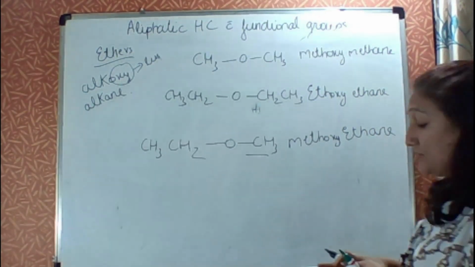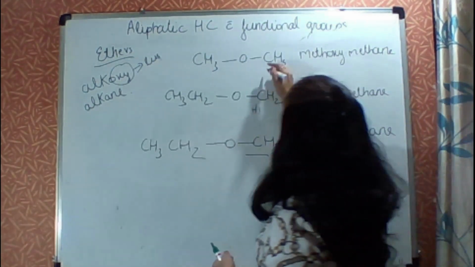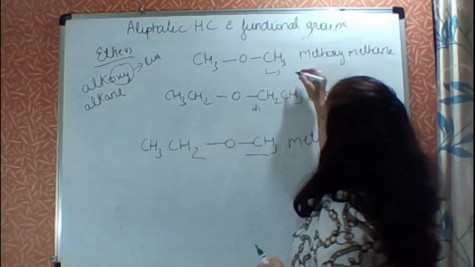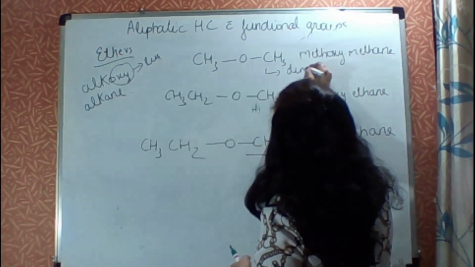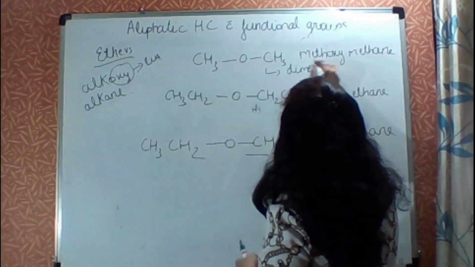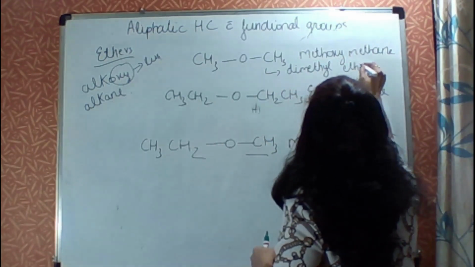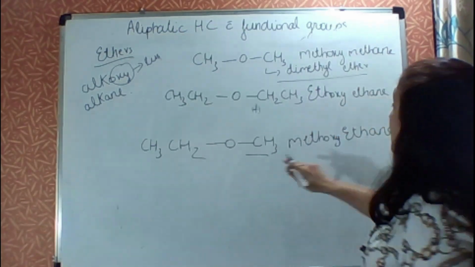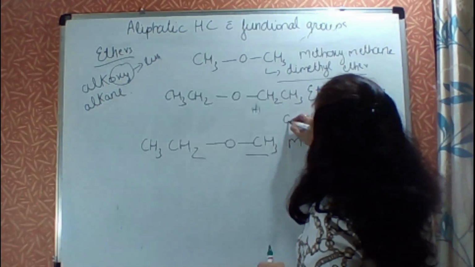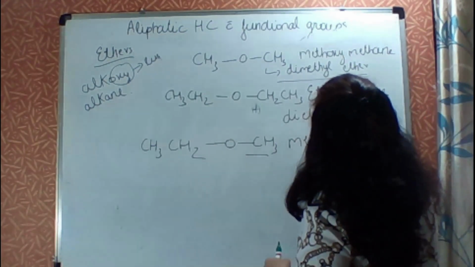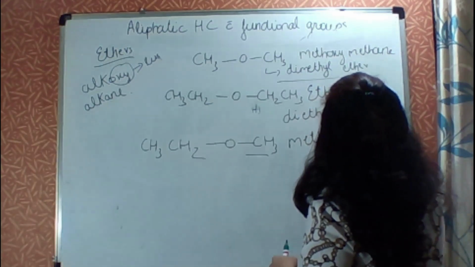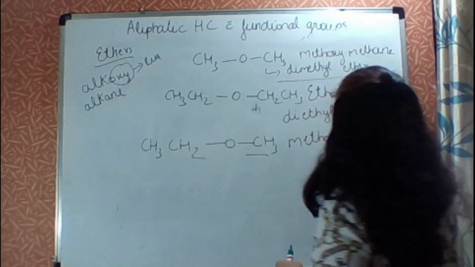If we talk about the common names, the common name of this compound is dimethyl ether, since we have two methyl groups. The name of this compound becomes diethyl ether.